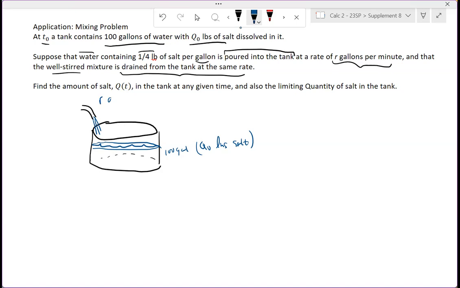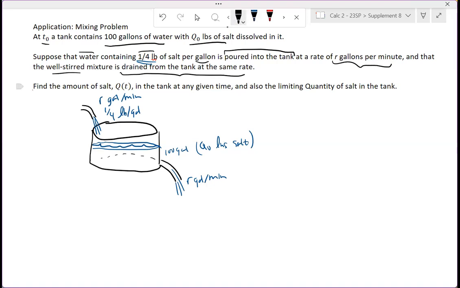This is at a rate of r gallons per minute. And this water being added has a quarter pound of salt per gallon dissolved in it. And then we have the well-stirred mixture being poured out of the tank, also at r gallons per minute. So that's the setup we have here.